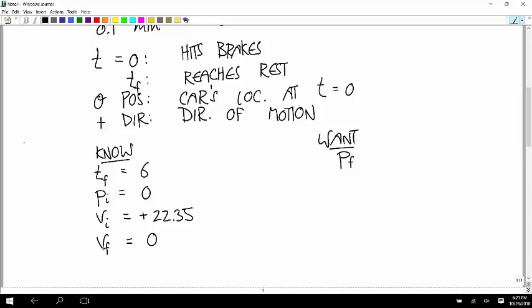So the next step is you need to find an intermediate variable. And for one-dimensional stuff, I said the best candidates for intermediate variables are time final and acceleration. In this one, we already know time final, so we want to try acceleration. So we'll put this aside for now and calculate the acceleration.